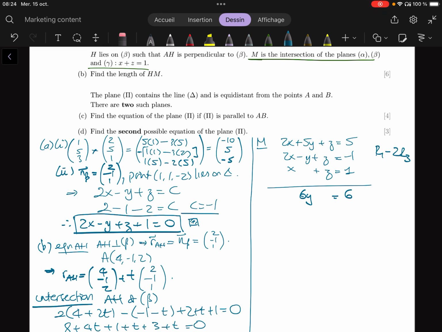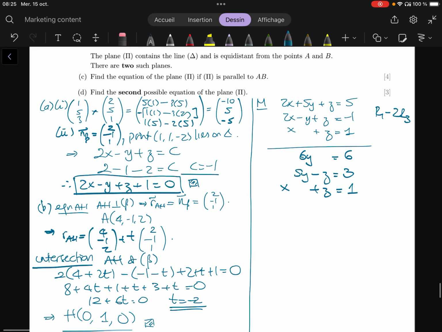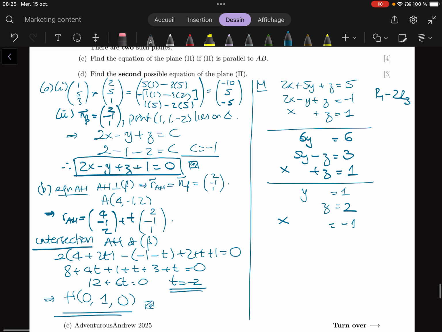Row 1 minus 2 row 3. And then let's skip row 3. Y is equal to 1. Z is equal to 2.